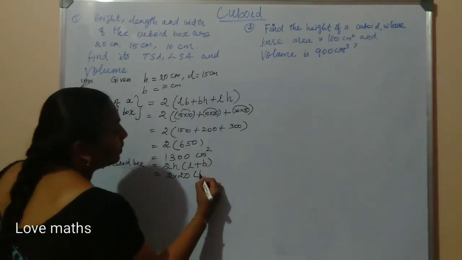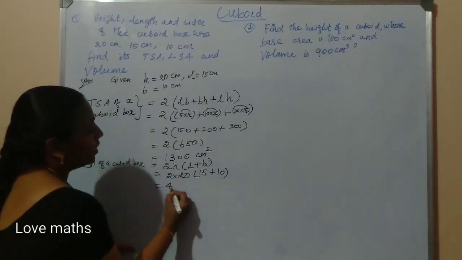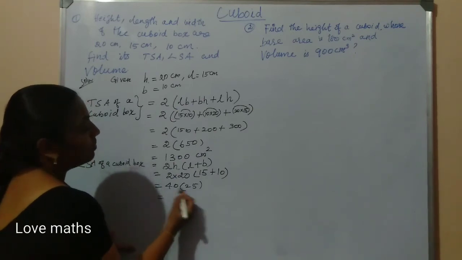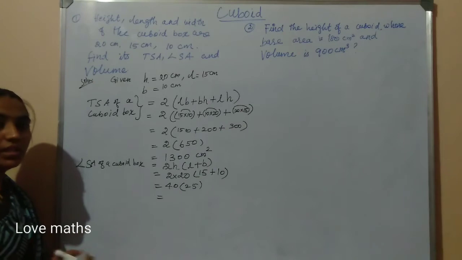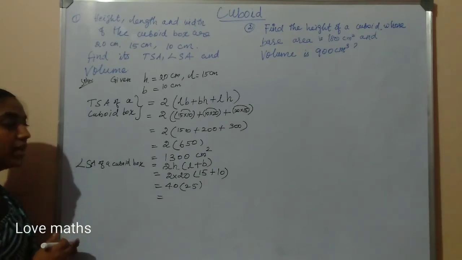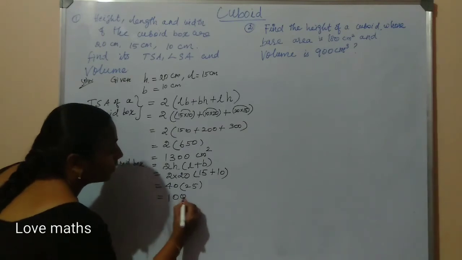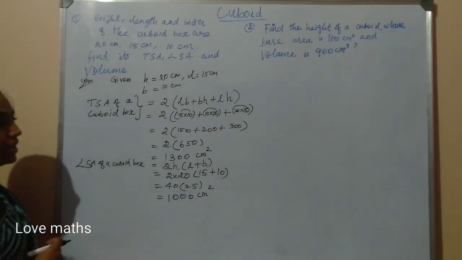Into L is 15 plus B is 10. Next 2 into 20 is 40, 15 plus 10 is 25. Here also, in between is multiplication. 40 bracket means multiplication. 40 into 25, that is 1000 centimeter square, because this is also area.